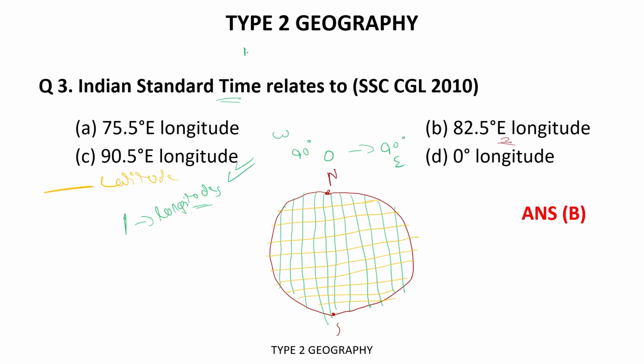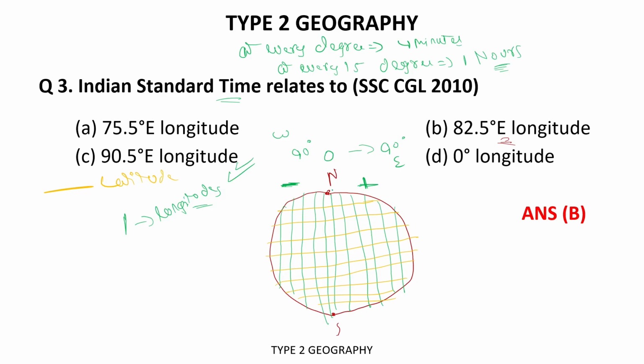At every degree there is a difference of 4 minutes, and at every 15 degrees there is a difference of 1 hour. So that's how the time zone works. Remember, whenever you are going east, time will be added. Whenever you are going west, time will be subtracted.